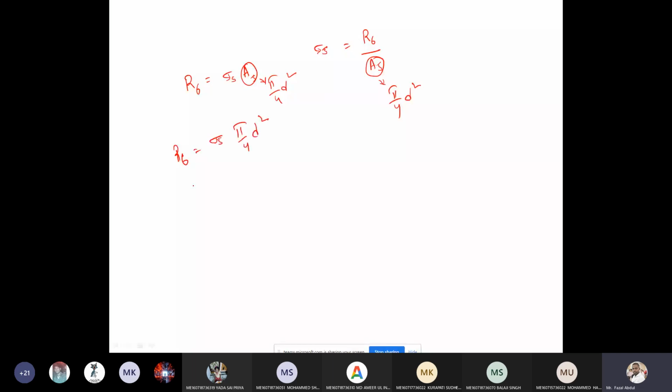So R6 value, how much we got? 6,541 equals sigma s, whose value is given in the question as 40 megapascal, into pi by 4 into d square. Now tell me the d value.